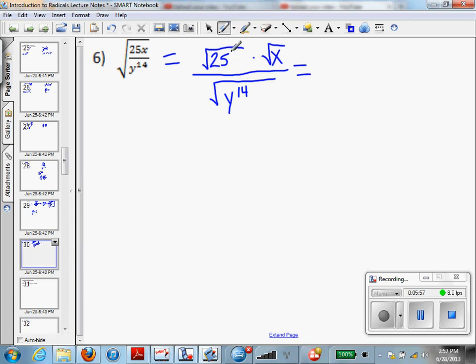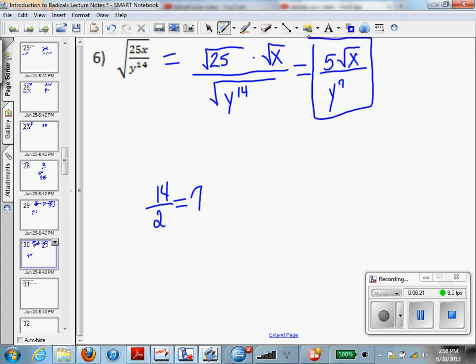When we simplify, we see that 25 is actually a perfect square. It'll be brought out as 5. We're going to be left with that radical x on top. And on the bottom, since 14, the power, is even, we can divide it by 2, which is the index, and get 7. So we know we can pull y with the power of 7 out of the radical. And that is the answer.